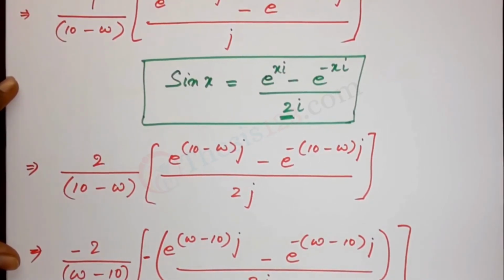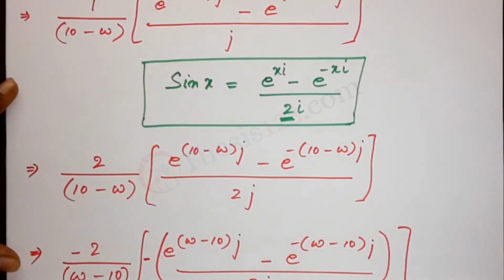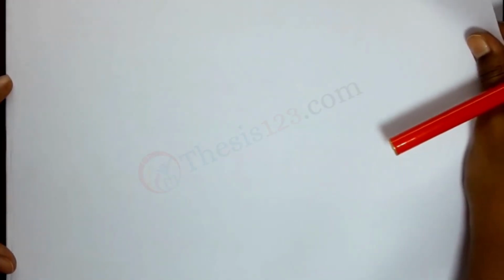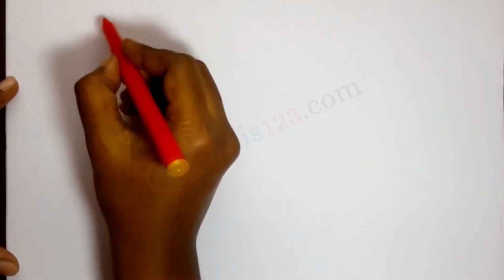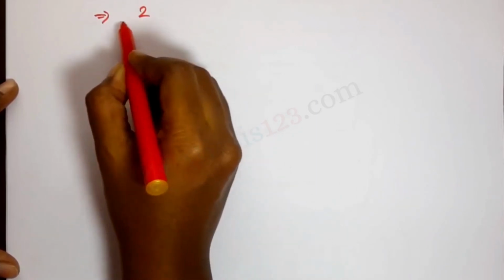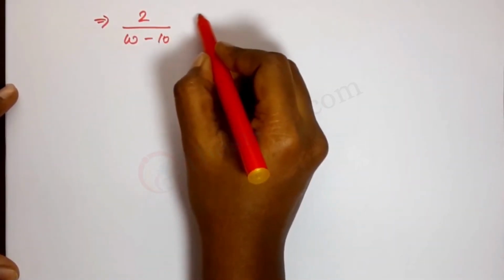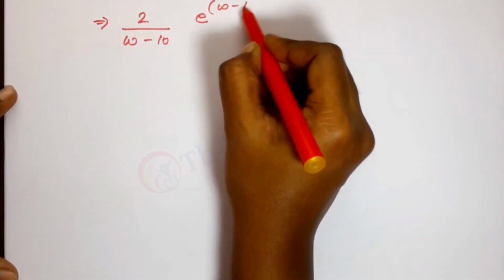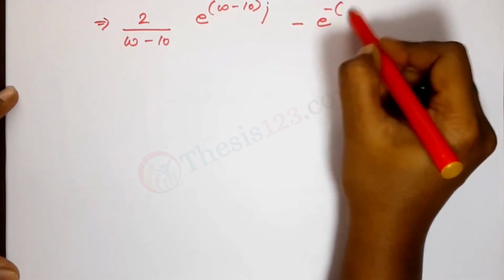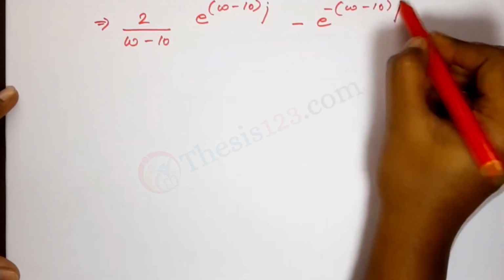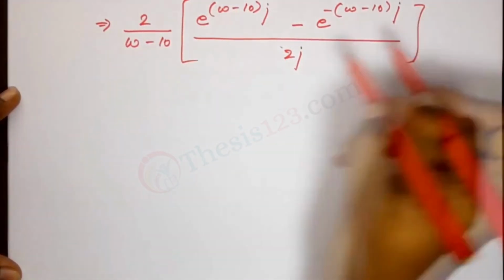And finally, this can be written as, let me just get another sheet of paper here. Okay, so the two negatives cancel out and we now have the answer in terms of 2 divided by omega minus 10 into e power omega minus 10j minus e power minus omega minus 10j divided by 2j.